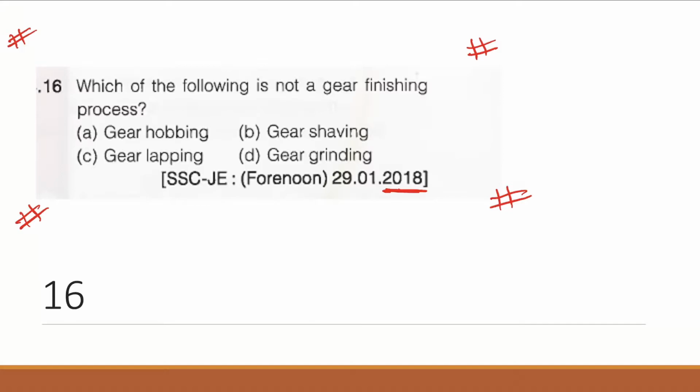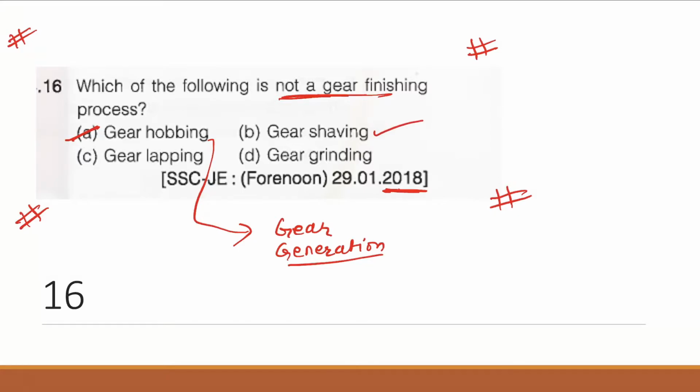Now the correct answer, the one that is not a gear finishing process, is gear hobbing, because hobbing is basically a gear generation process, right? Gears are manufactured by the hobbing process, but after manufacturing, the finishing processes are gear shaving, gear grinding, and gear lapping. These are all finishing processes, right?